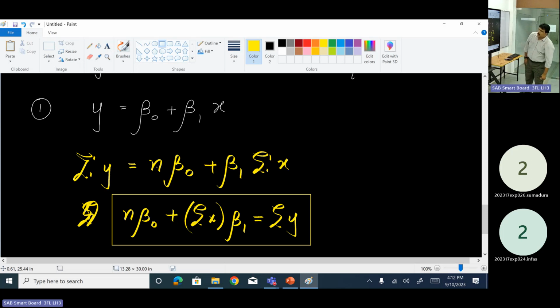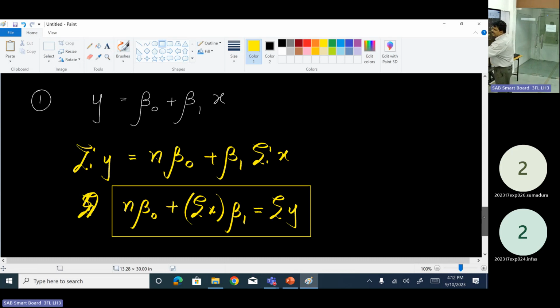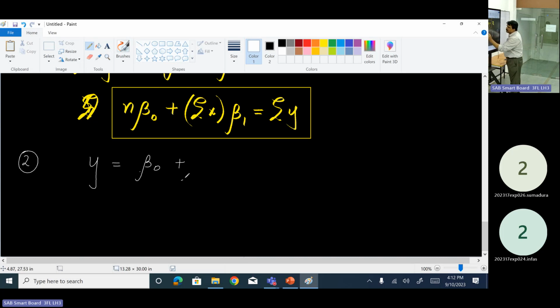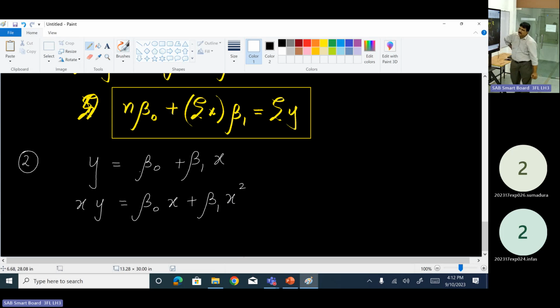Then the other one, how do we get? The other one, we multiply by x, then sum it up. The second one, y equals beta naught plus beta 1 x. So you multiply by x, so xy equals beta naught x plus beta 1 x squared. Now we sum it up.